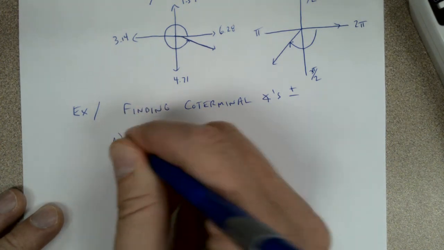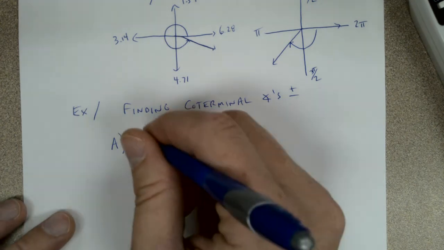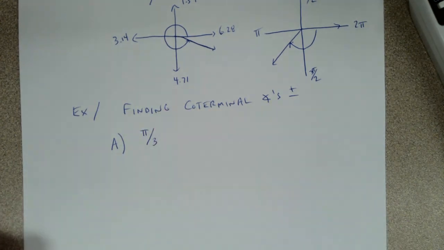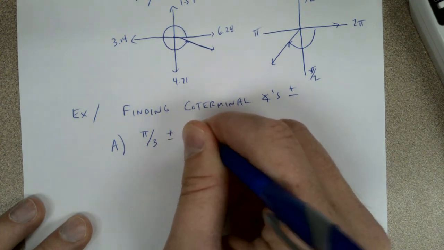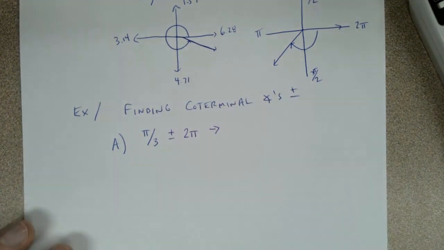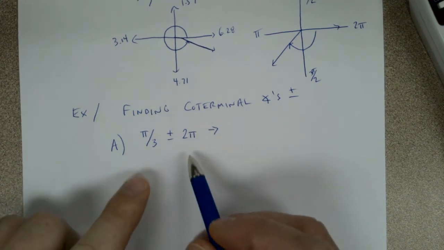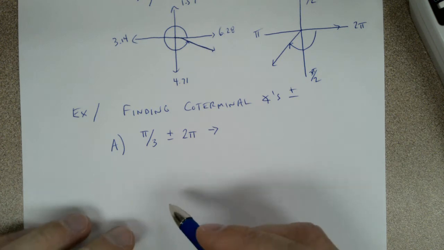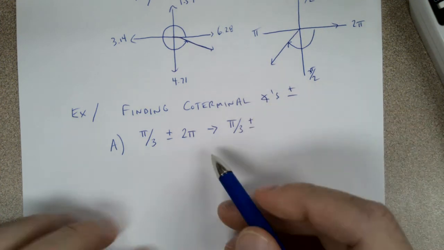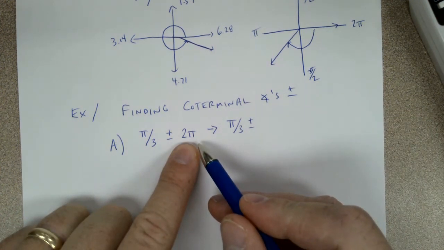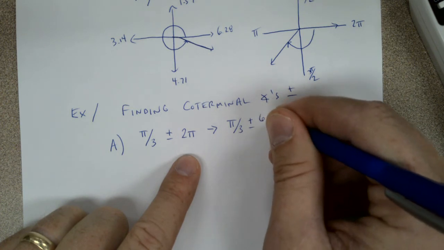So if I said let's find the positive and negative coterminal angles for pi thirds, again, I'm going to add and I'm going to subtract 2 pi. So if I'm doing the positive, now when I add these, I'm going to have to get a common denominator here. So if I do pi thirds plus or minus, well, to get a common denominator here, 2 pi would be 6 pi thirds.